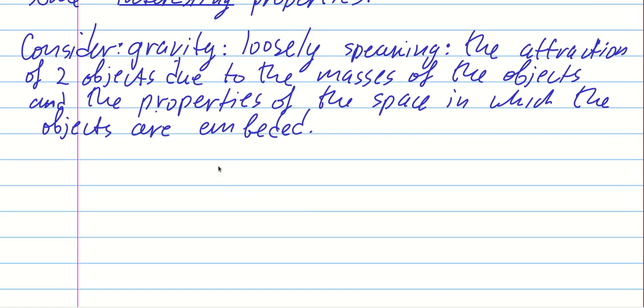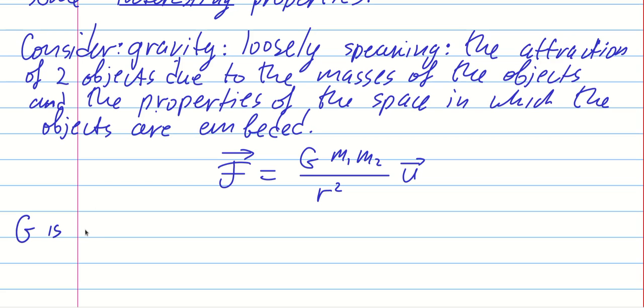Usually it's given by this rule. We have force F equal to gravitational constant G times m sub 1, m sub 2 divided by r squared. And since F is a vector, we need a vector over here, since this is a scalar. So what is what here? G is some constant. M1 and M2 are masses.